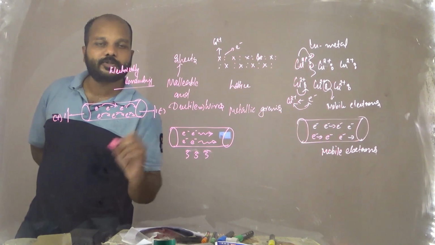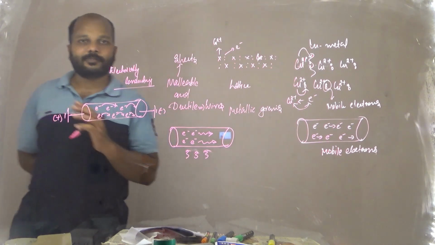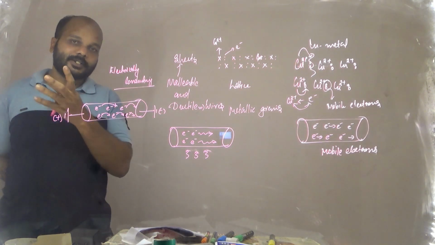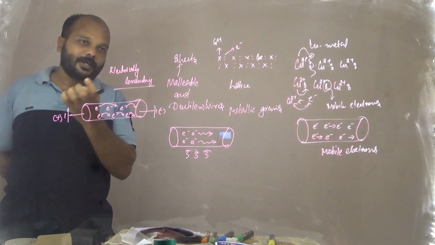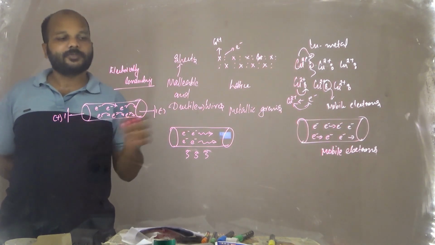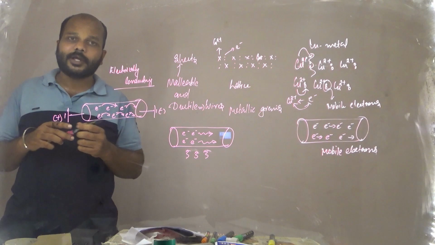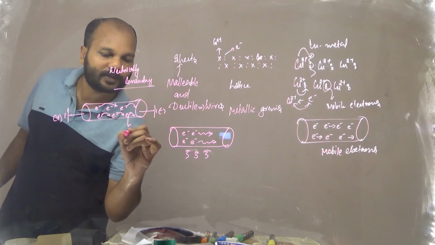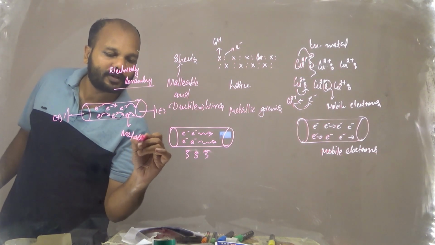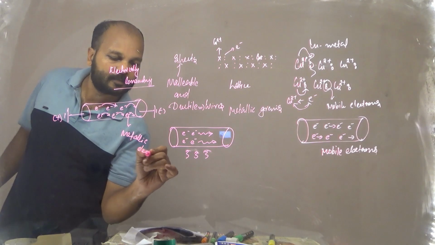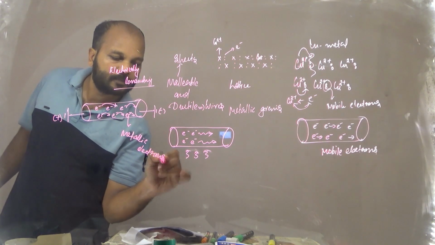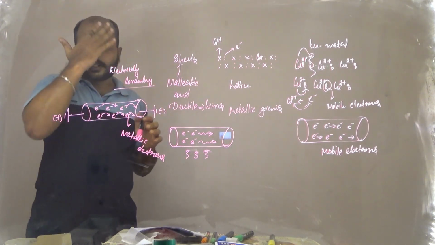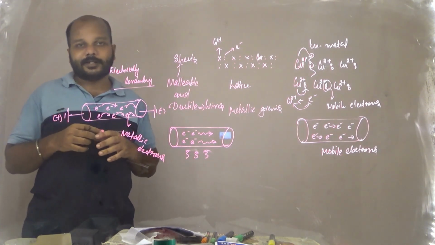Due to the presence of these mobile electrons, also called metallic electrons, these particles carry the charge, and electrical conductivity will be there.